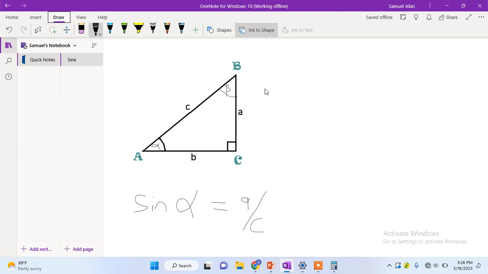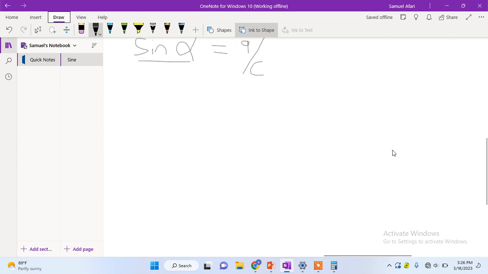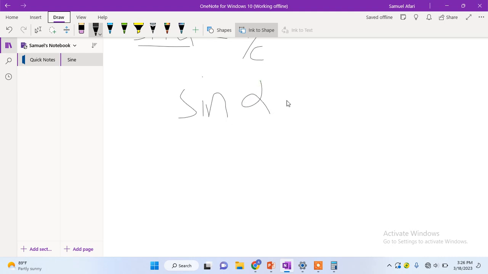Be careful with that. So CAH, that is adjacent over hypotenuse. So cos beta is what? A over C. You can see that this A over C is the same as that A over C. It means that sine alpha is the same as cos beta. So sine alpha is equal to cos beta. You get it?